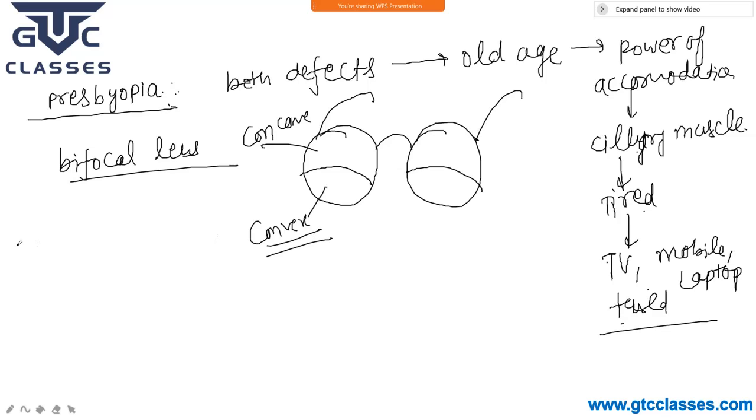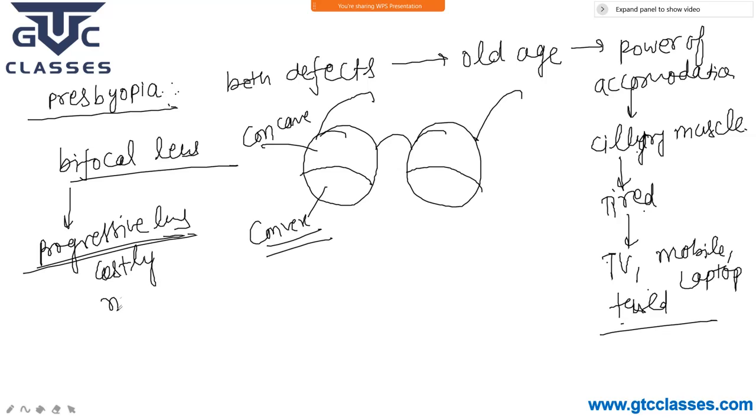Nowadays, if you go, there are we call progressive lens has started coming. Progressive lenses. What are progressive lenses? Because in the normal lens, if you put, you will get a line. Okay, progressive lens means you will not get a line. It will look very smooth. Correct? It's a costly basically. It is for the rich people.